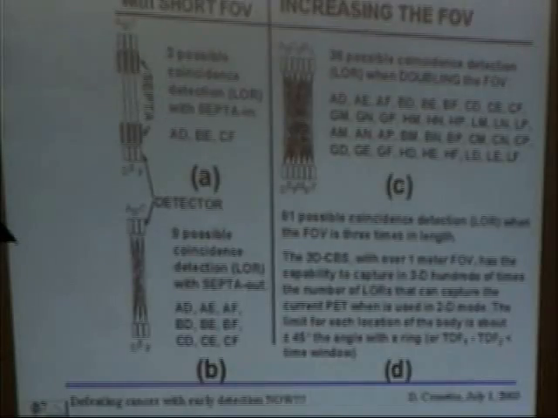However, let's make an example, A, B, C, D, E, F. Sorry if I sound elementary for someone, but this is a very important concept for somebody who is listening and would like to know more about it. If we eliminate this septa, this ring of lead, and we can capture the photons that come with an angle, then there are 9 possible coincidences that we can detect.